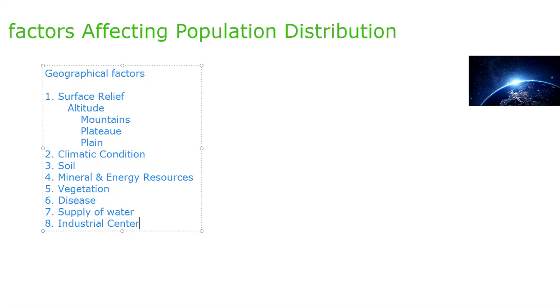Human population, especially in this 21st century, people prefer to live near the cities or the areas where there are industries and where there are facilities.